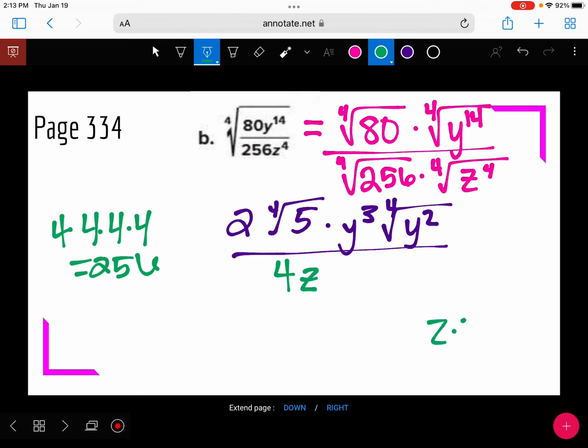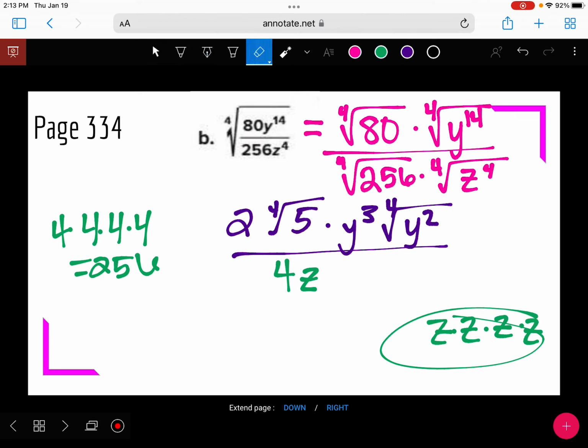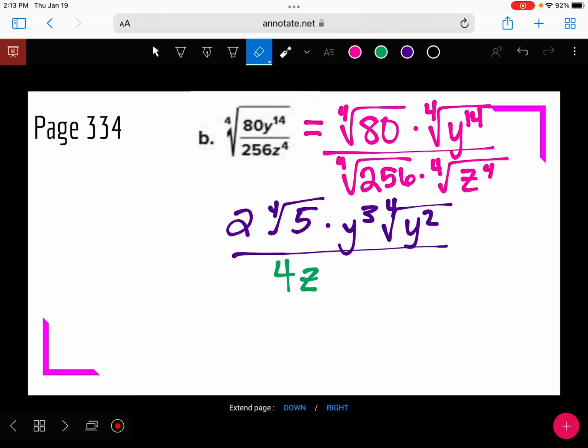Because we've got z times z times z times z. One group of 4 z's, and we pull out our z. And that's it. We could leave it like this, but we're good mathematicians, so we're going to rewrite this. What's the nice way to write this?